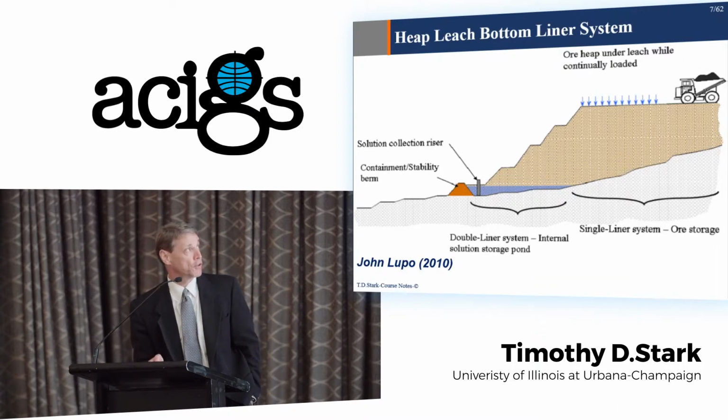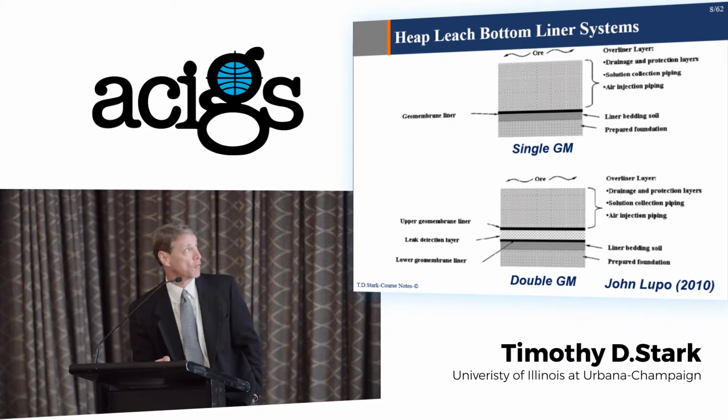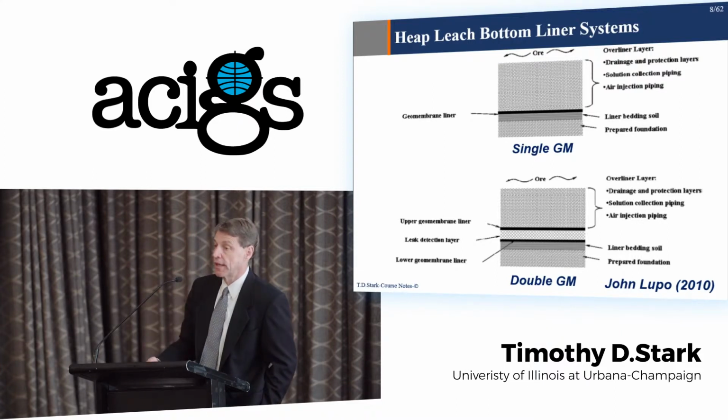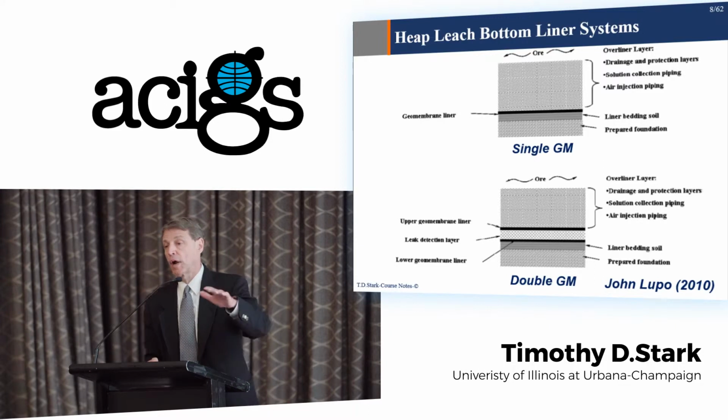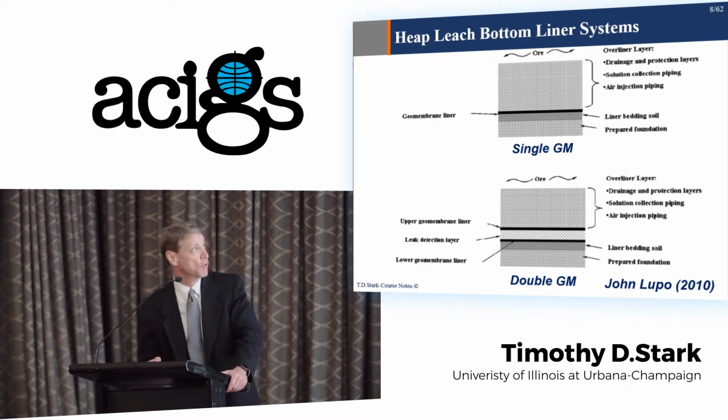And the configuration for a single or double liner system are sort of highlighted here. The single is at the top a prepared foundation or subgrade, a bedding layer to put the geomembrane on. We don't want to lay the geomembrane on a rough or rocky subgrade because that could impact the performance of the geomembrane.